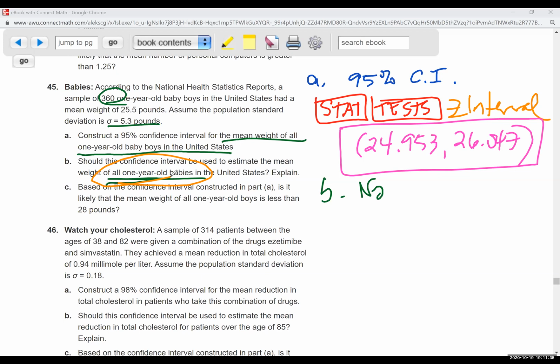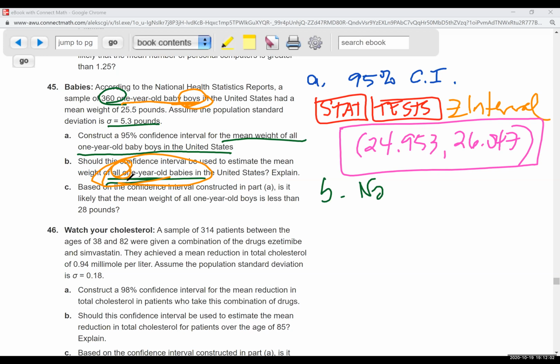No, because it's just baby boys. Yes. Okay. So here our problem is just talking about 1-year-old baby boys. But here the question is about all 1-year-old babies in the United States. So that's why it is a no. If they're very specific about all 1-year-old baby boys, then it's going to be a yes.